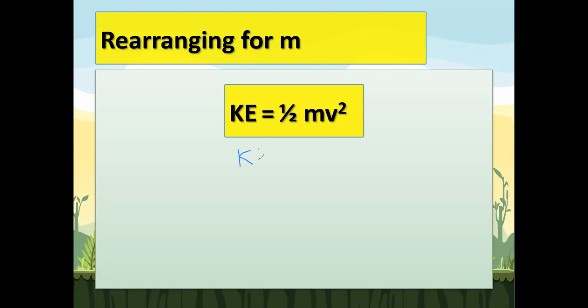So KE is equal to 0.5. I'm using 0.5 instead of half so that you will understand this easier. Times mass times V squared.